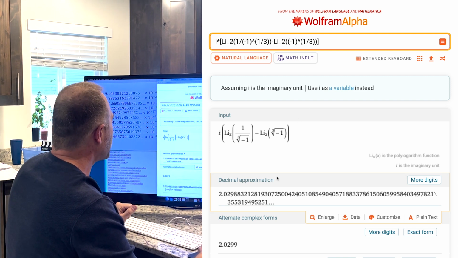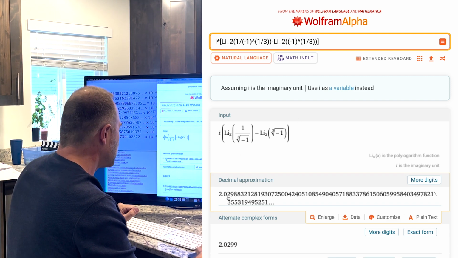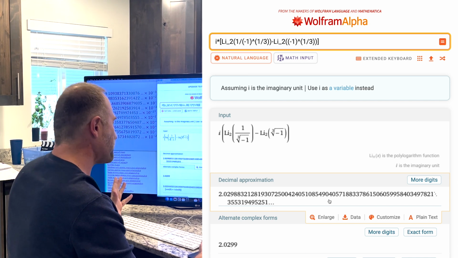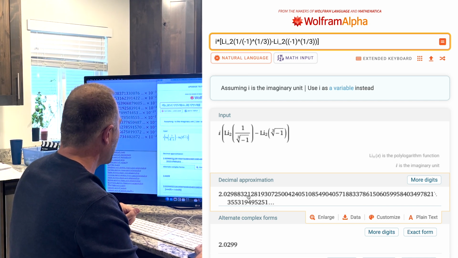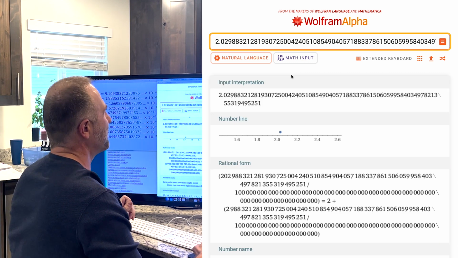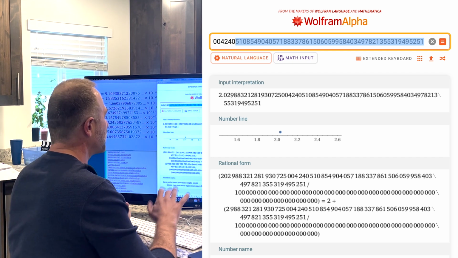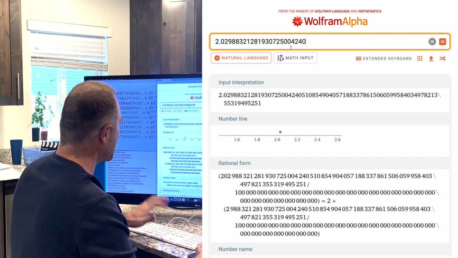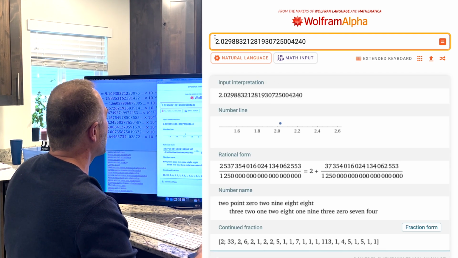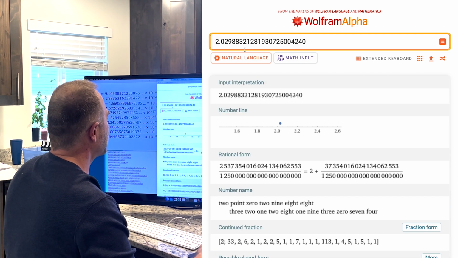Okay, and below it tells you what it's equal to, this many digits at least. This is higher precision than we have any measurement in physics of the constants of nature, so I don't need that much precision right now, but you could just ask for all of that. And I want to know, what is this number? This is an interesting number.